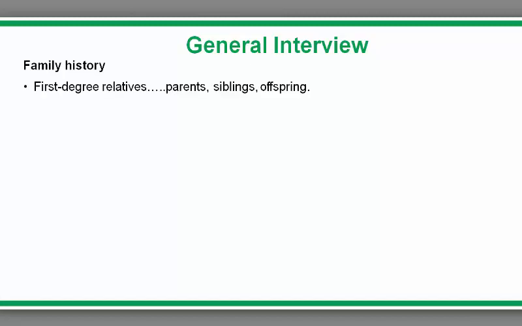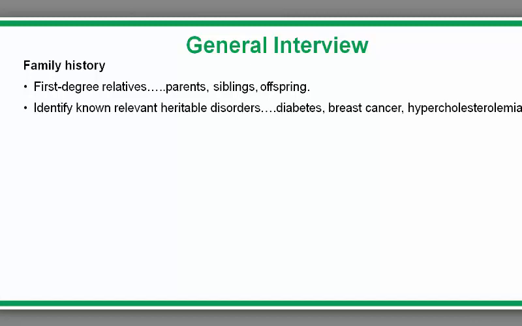The family history is an important component, especially as it relates to first-degree relatives. First-degree relatives include parents, siblings, or offspring. Because there are heritable disorders that get passed from generation to generation that are genetic-based, that are important for the clinical exercise physiologist to understand.